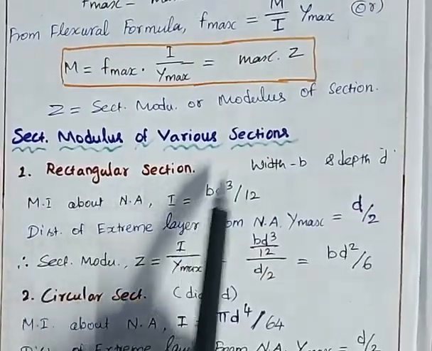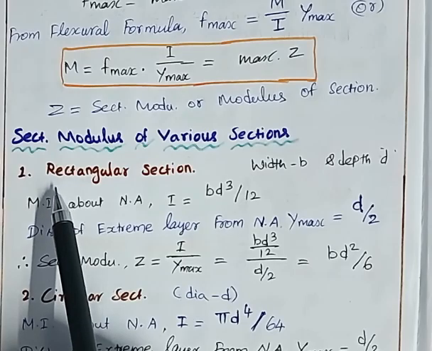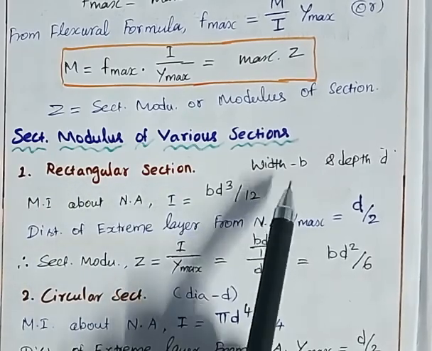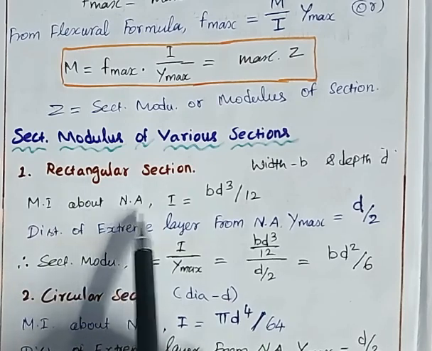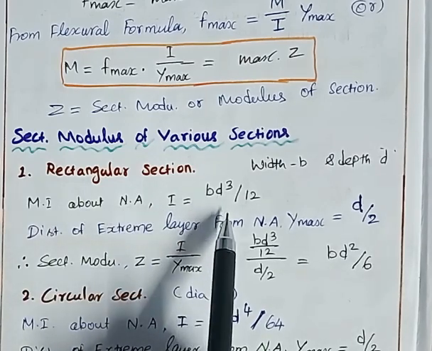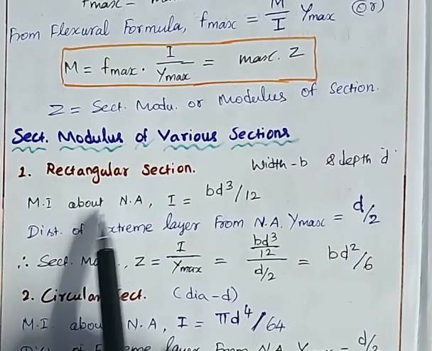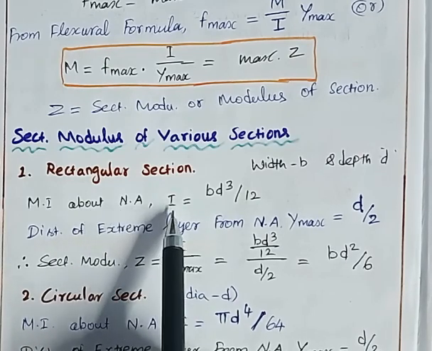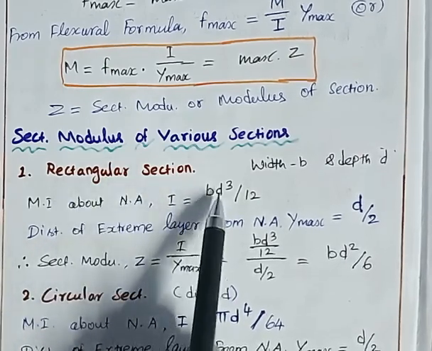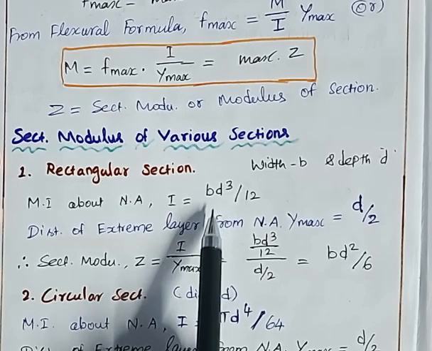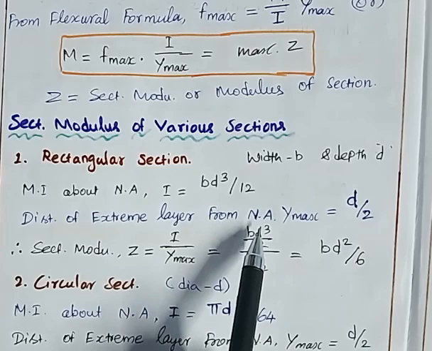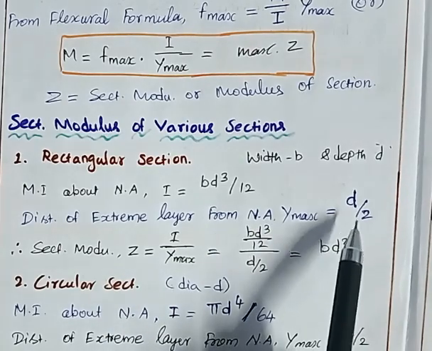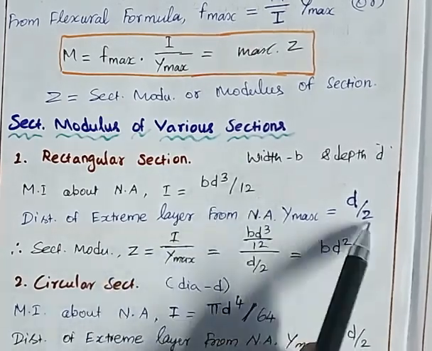Section modulus of various sections. Consider a rectangular section with width B and depth D. Moment of inertia about the neutral axis I equal to BD cubed divided by 12. The distance of extreme layer from the neutral axis equal to D by 2.